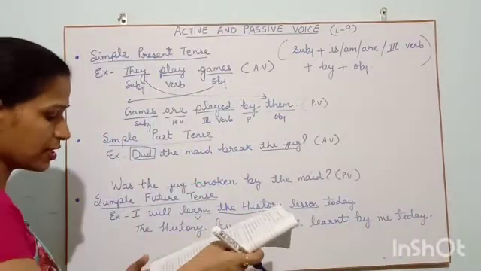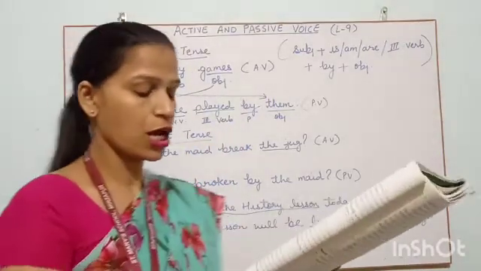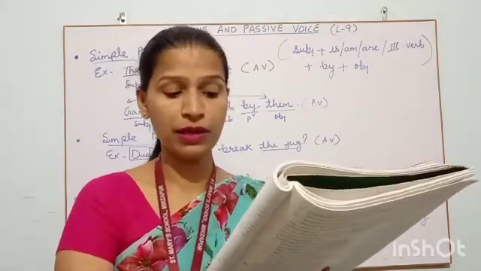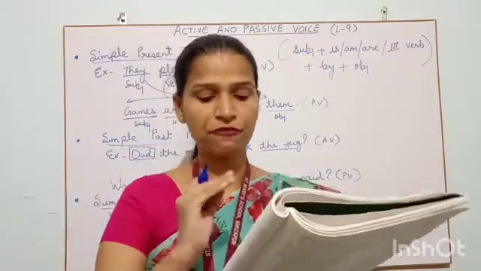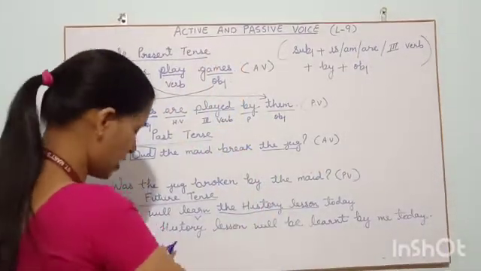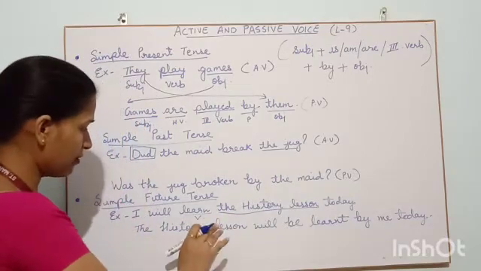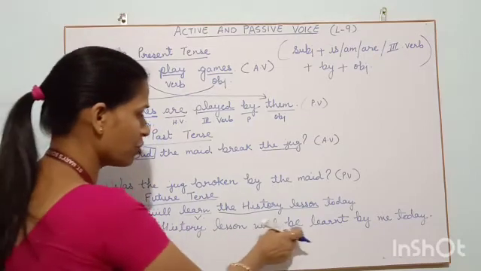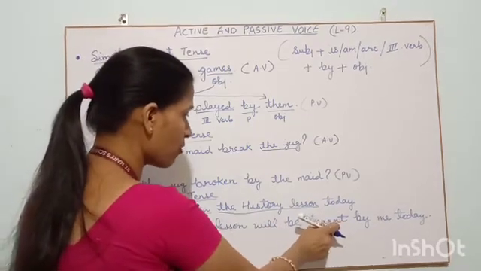If you want to see the formula, it is given in the book. Shall be or will be plus the third form of the verb, like we have done. Your subject will be there, then shall be or will be, then the third form of the verb.